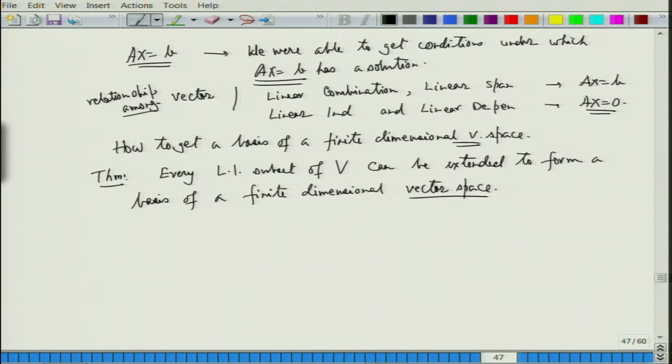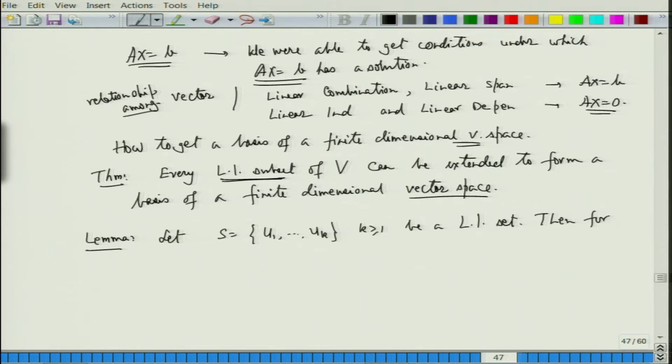Now to prove this, one of the crucial results, a lemma you can put, was the following. Every linearly independent set we are talking about: let us start with u1 to uk, k greater than or equal to 1, be a linearly independent set.